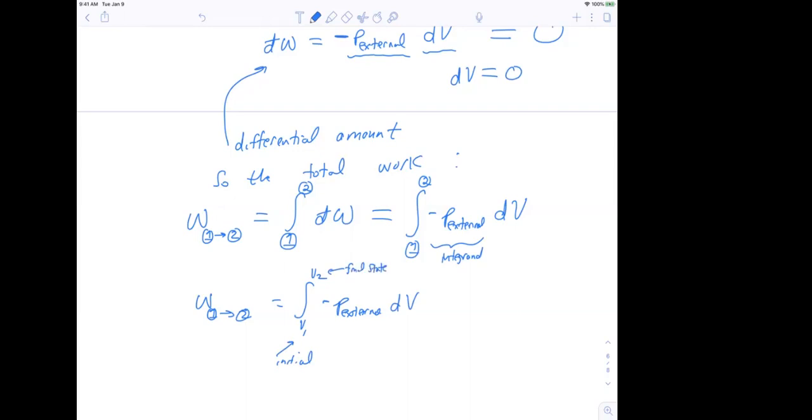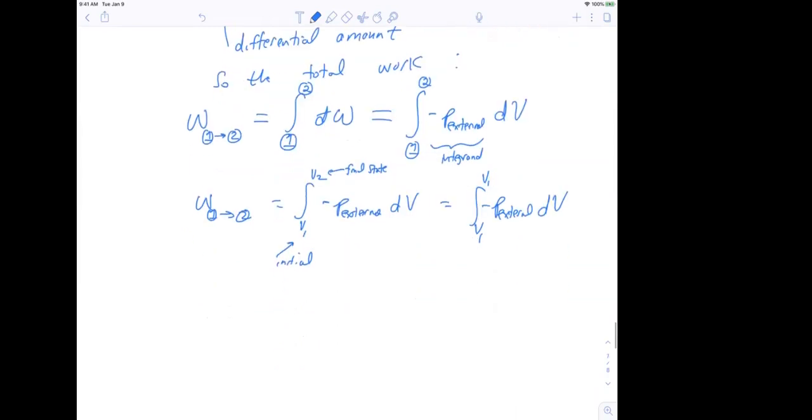Okay, but we know that V1 is equal to V2. So what we could have done is just say, all right, well, we can let this be V1 and V1, or V2 and V2. And this is equivalent to the integral from V2 to V2 of minus P external dV.